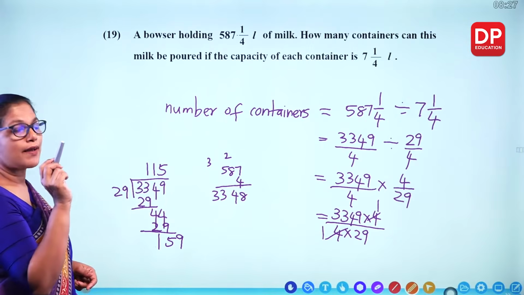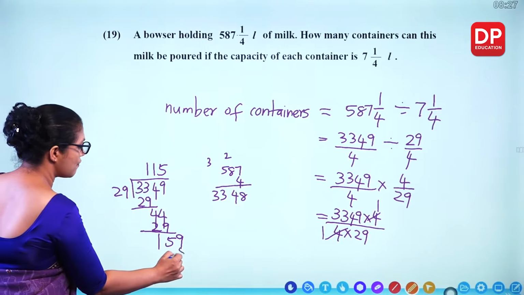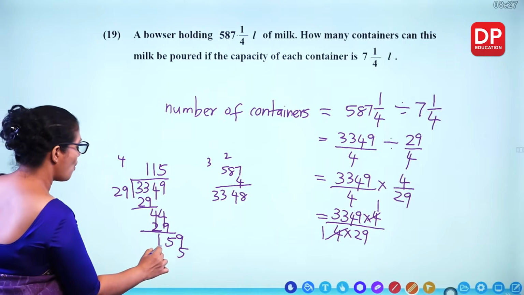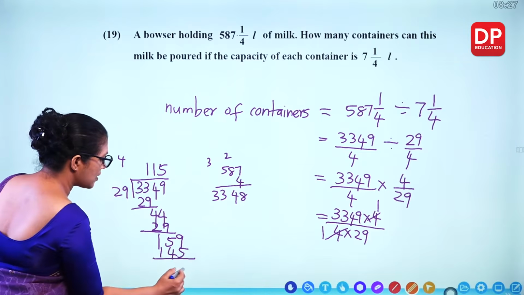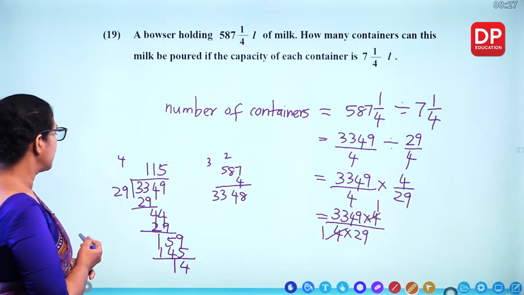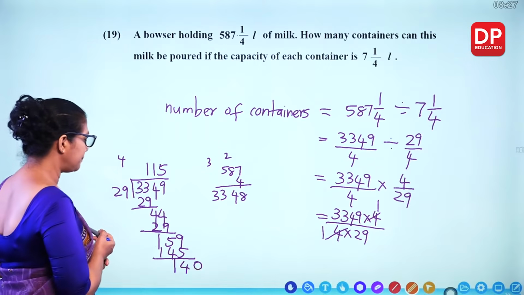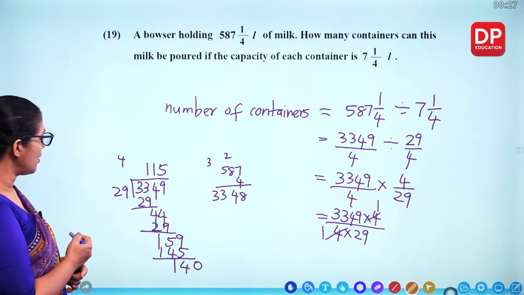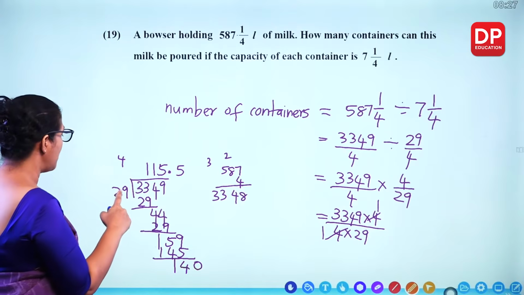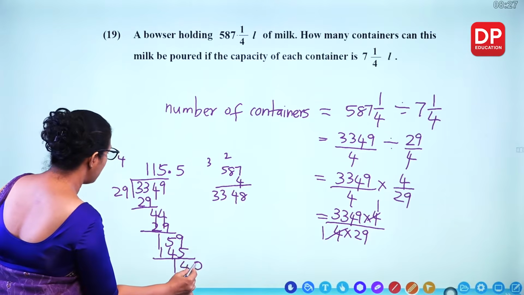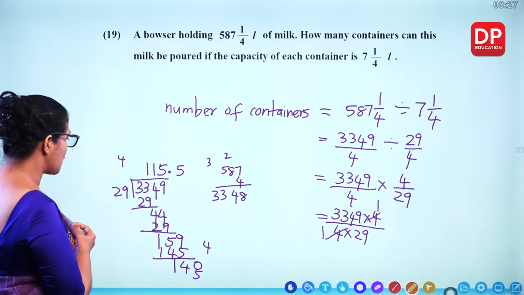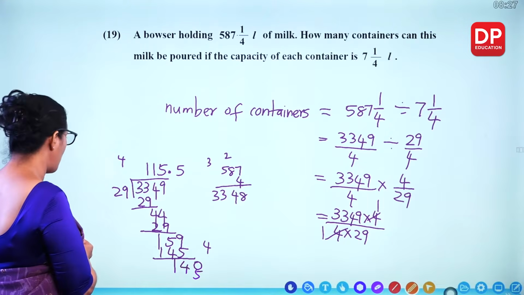It's 5. 5 times 9, 45, 4 remaining. 5 times 2, 10 plus 4, 14. So what's the answer? You get 4 there. 14 remaining. For 140, you can take 5. 5 times 9, 45. 5 times 2, 10 plus 4, 14. So that's 4, not 5.